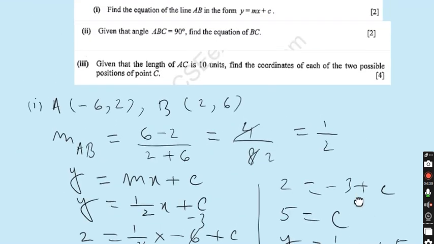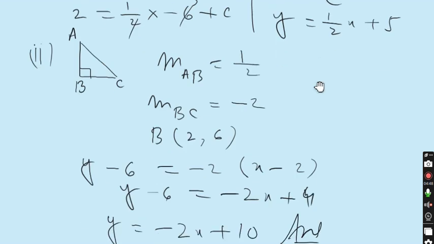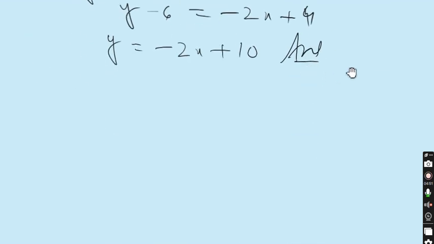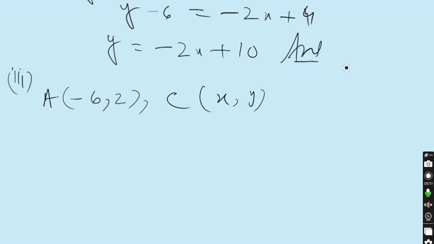See the last part. Given that the length of AC is 10 units, find the coordinates of each of the two possible positions of point C. Very easy. First, write the coordinates of A. This is part 3. Coordinate of A is (-6, 2), and we don't have the coordinate of C, so assign the name of coordinates of C as (x, y).